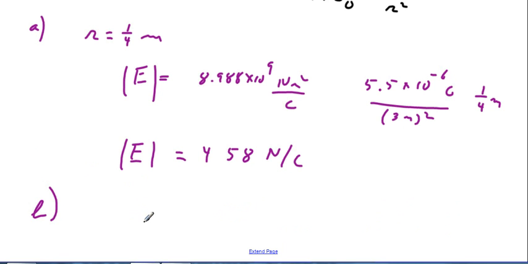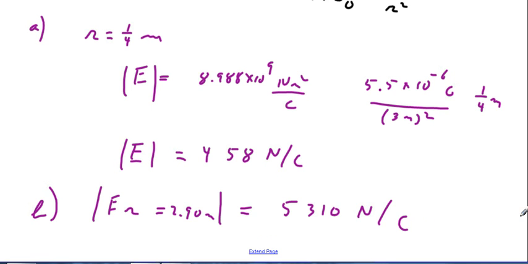Redoing the B part, so my E, when R is 2.90 meters, I'm going to end up with 5,310 newtons per coulomb.